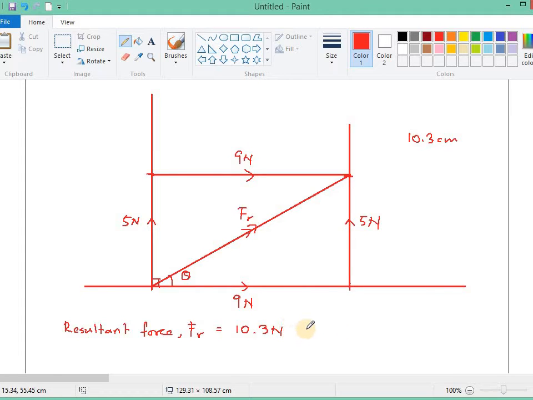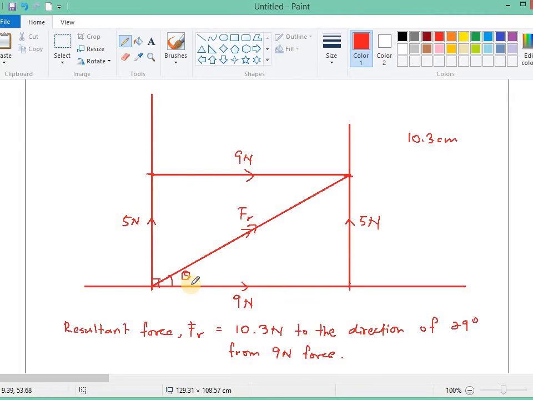So the resultant force will be 10.3 Newton to the direction of 29 degree from the 9 Newton force.